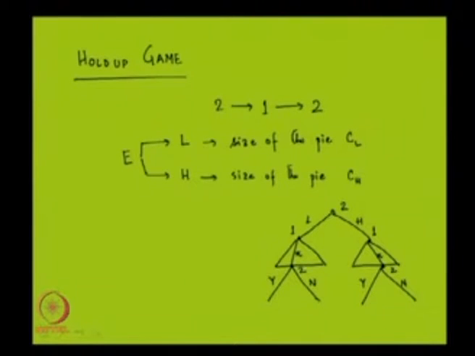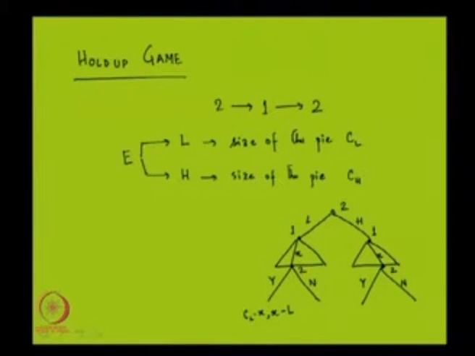So, what are the payoffs in the terminal histories? If L is the effort chosen by player 2 in the beginning, then the size of the pie is CL. In that case, if player 2 accepts the offer, he gets X and player 1 gets CL minus X. And there is one thing further, player 2 has already made an effort L, which has cost him some effort, and that is why I have to subtract that from that X that he is getting right now.